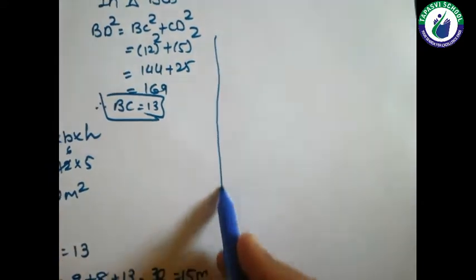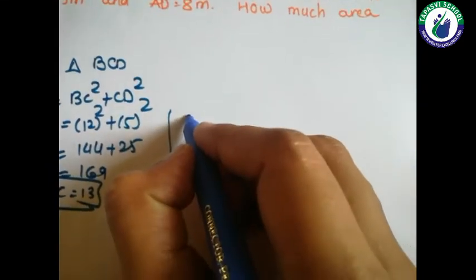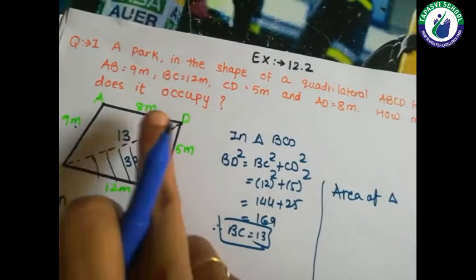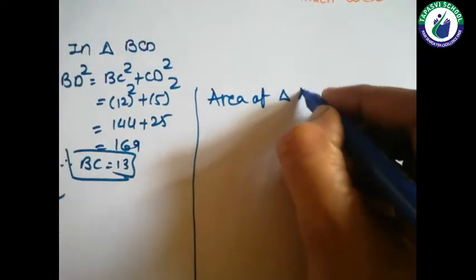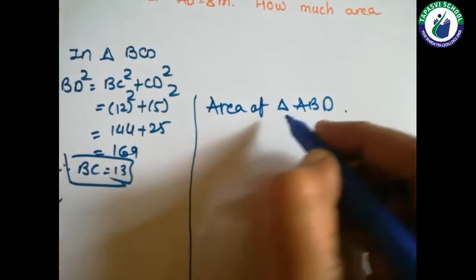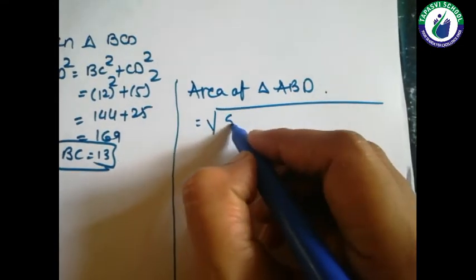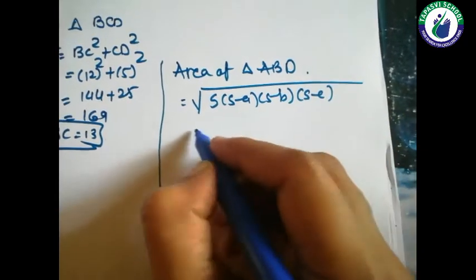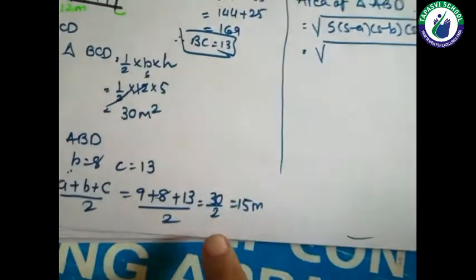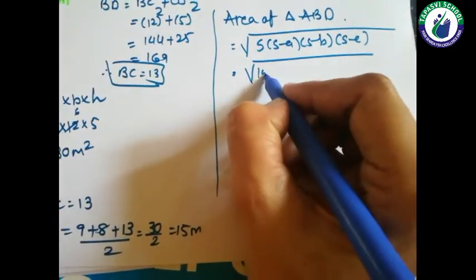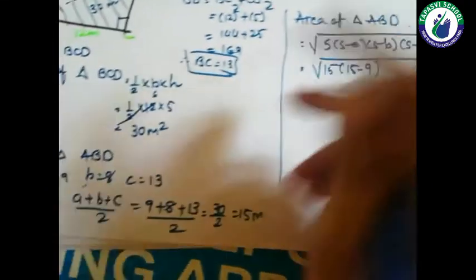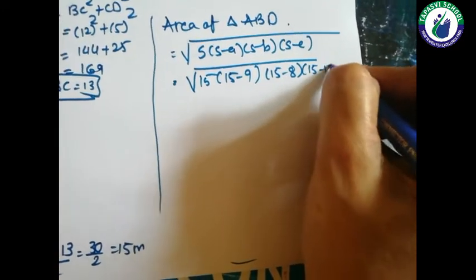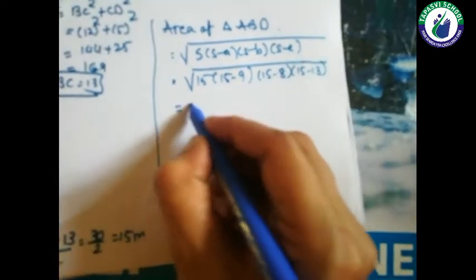Now we will apply Heron's formula in this. So here area of triangle ABD is equal to under root S into S minus A, S minus B, S minus C. Our semi-perimeter is 15. 15 minus 9, 15 minus 8 and 15 minus 13.